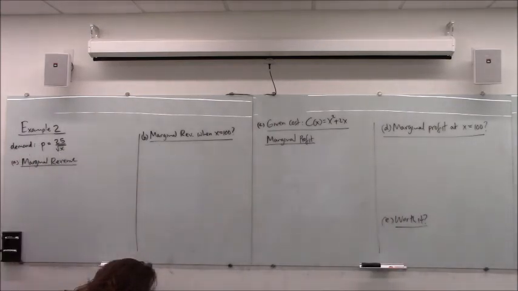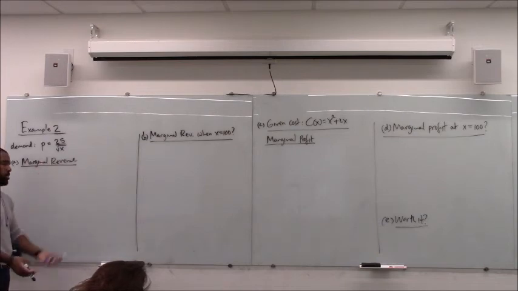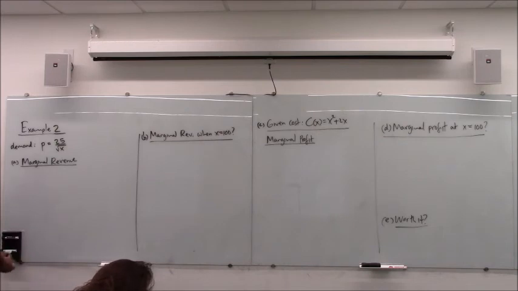So, yeah, let's actually do that. So, this is my demand. How are we going to find revenue? Yes, we want the marginal revenue, but to find the marginal revenue, we have to first find the revenue. So revenue is equal to what?